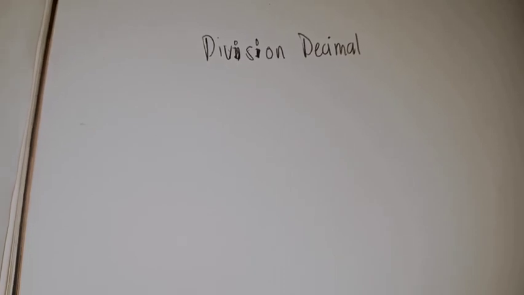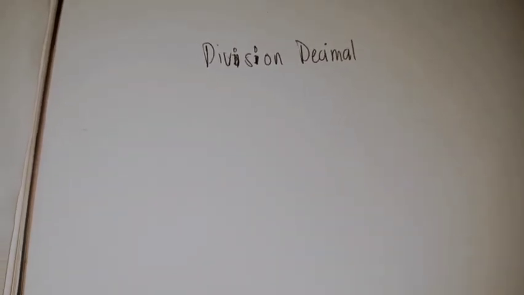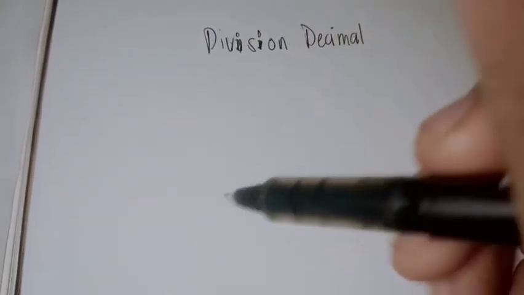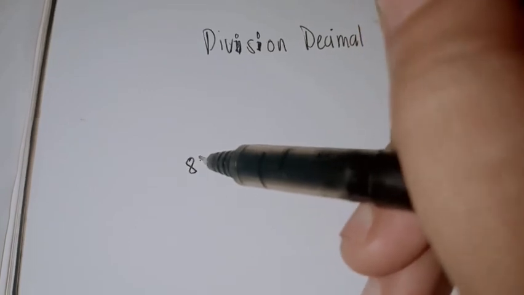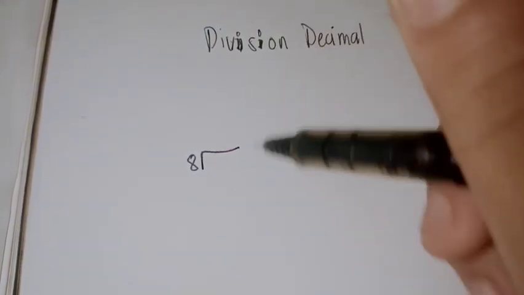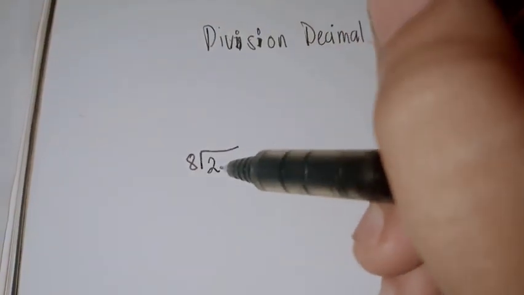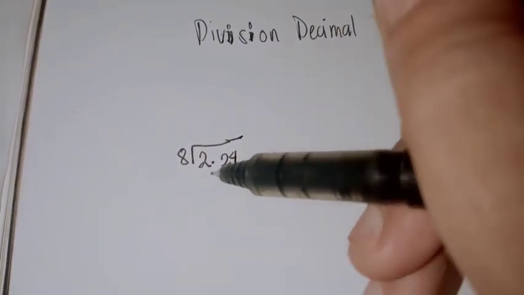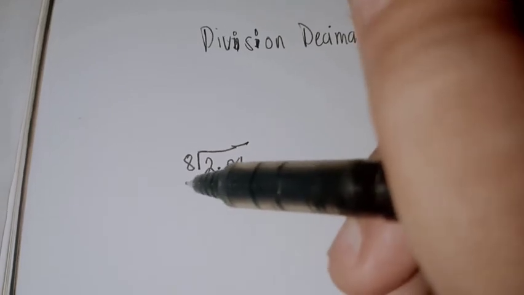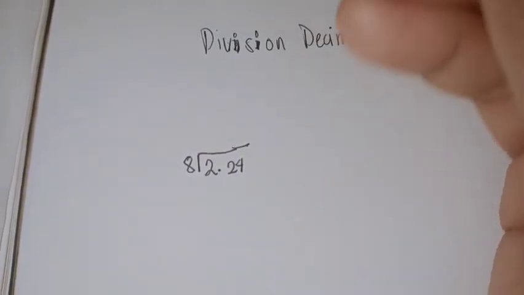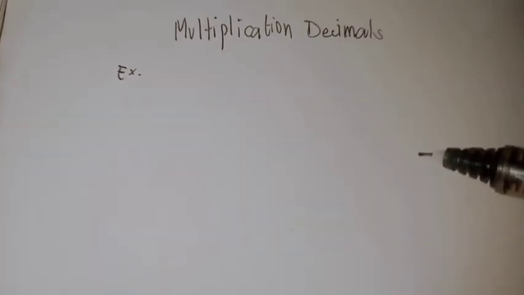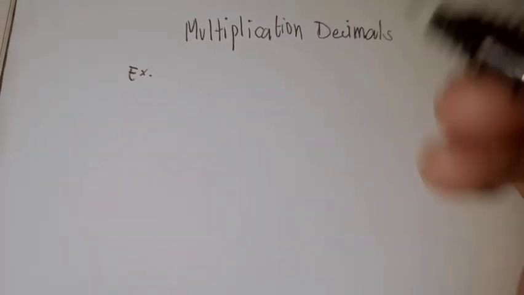So now we're going to do decimal multiplication. So here is the example.